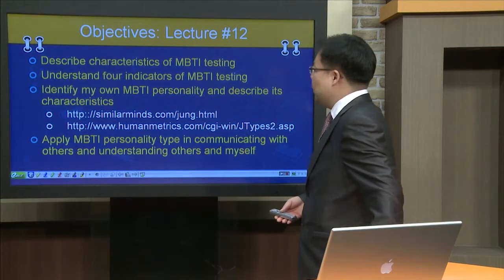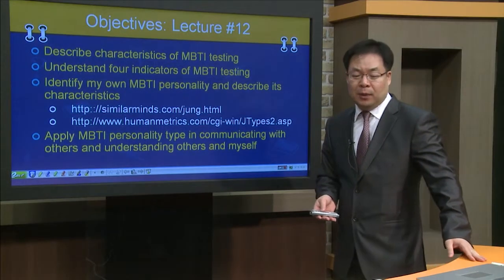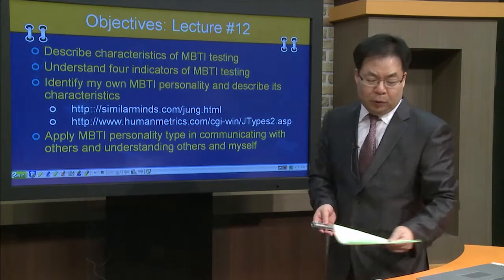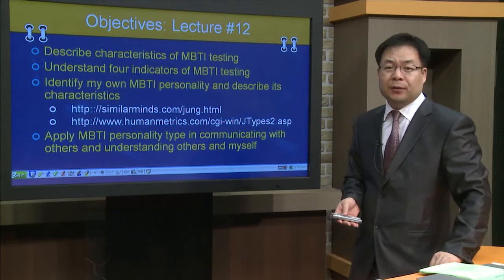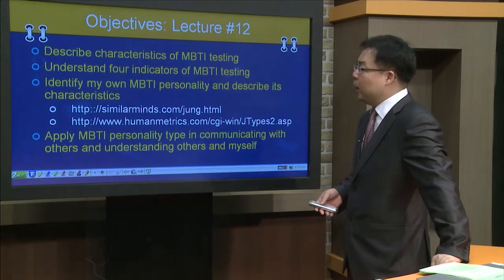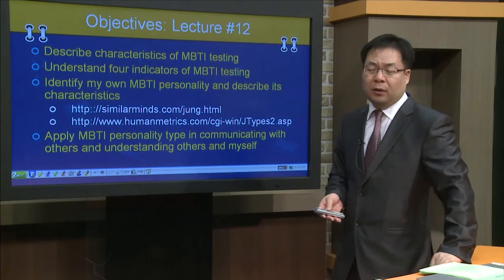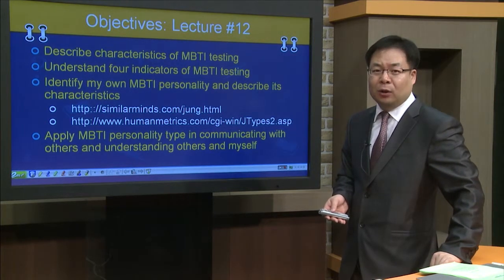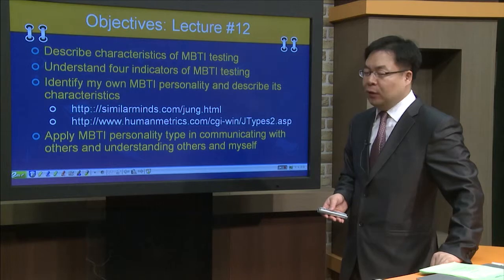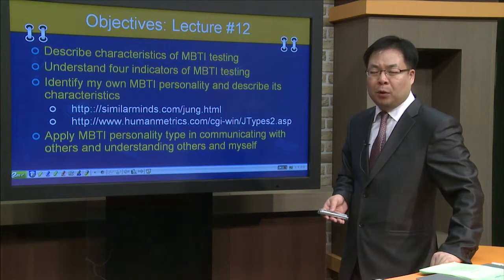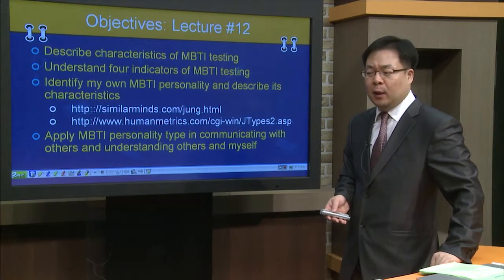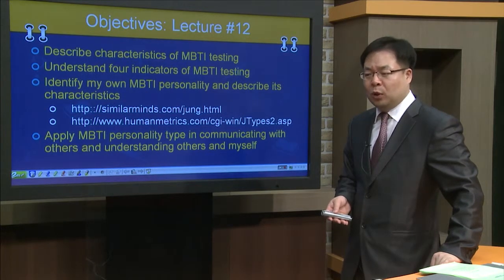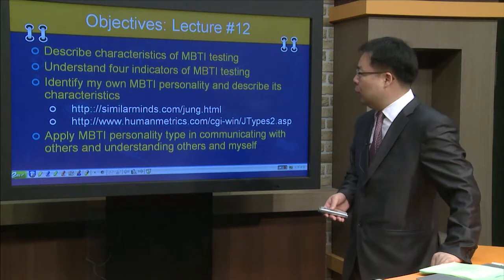we will talk about some characteristics of MBTI. MBTI is one of the popular personality type tests. M is Myers, B is Briggs. They are mother and daughter. They developed the personality type testing based on Carl Jung, who was one of the psychodynamic theorists.